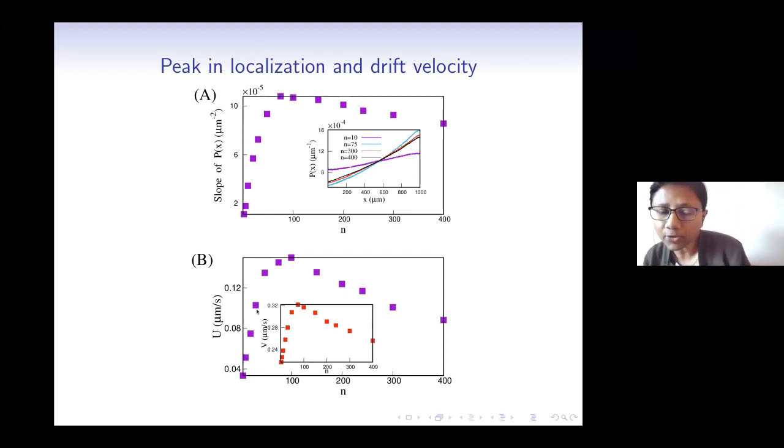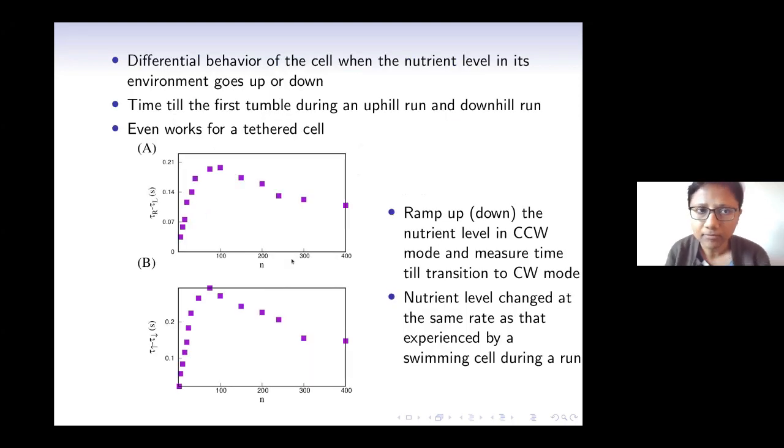The lower panel shows the data for the chemotactic drift velocity as a function of receptor cluster size. Even here we find a maximum. To measure the ability of the cell to distinguish between higher and lower nutrient levels, we measure the differential behavior when it is going uphill or downhill.